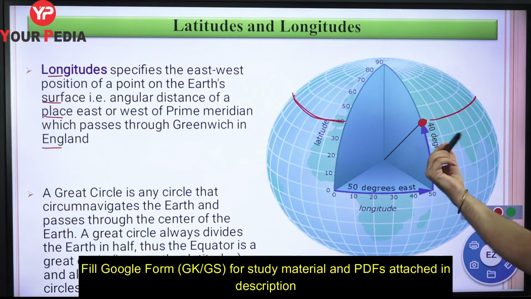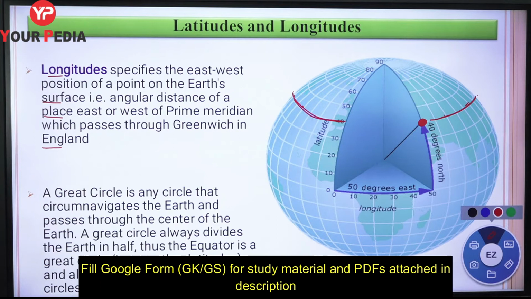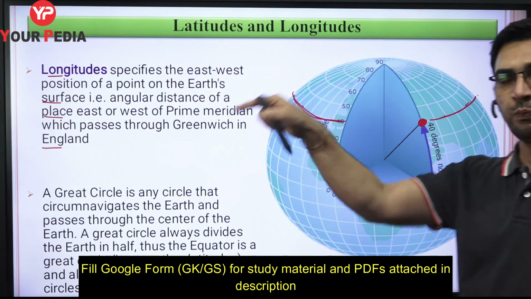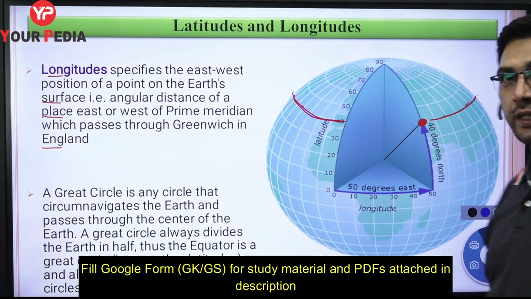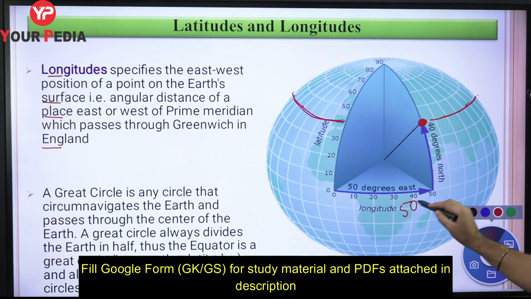But on 40-degree latitude, where are you located? Here, here, here. Where are you located? So I will ask you, okay, let me know the other parameter also called longitude. Then I can pinpoint where you are located. You told me that I am located at 50-degree east longitude.